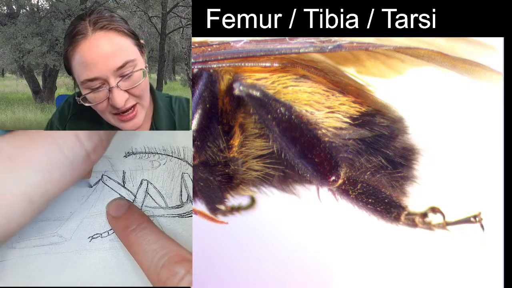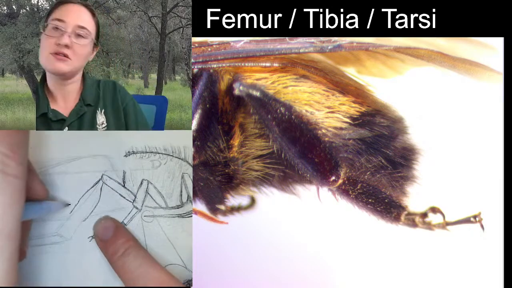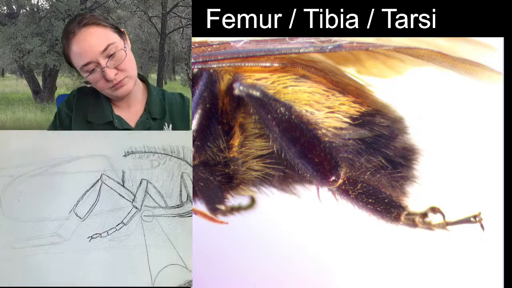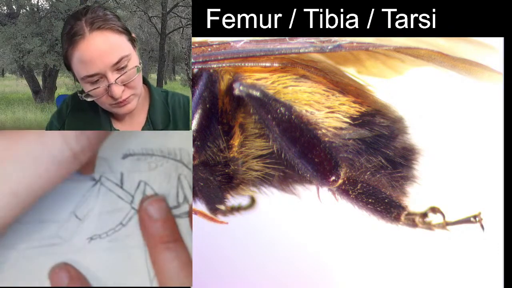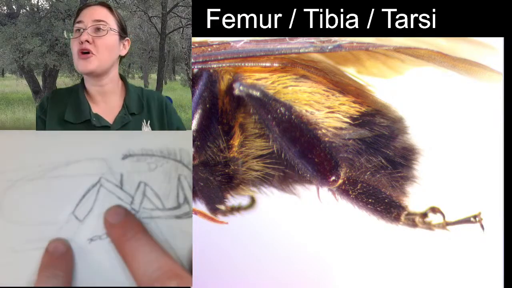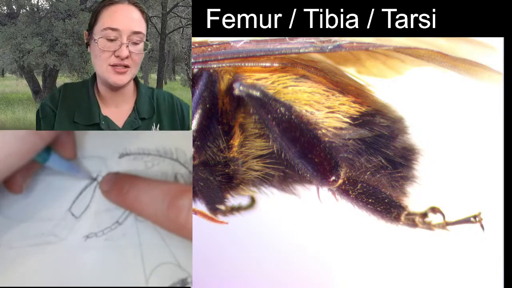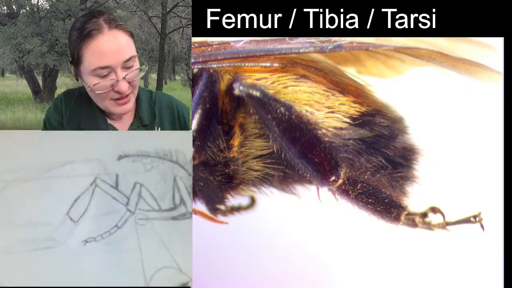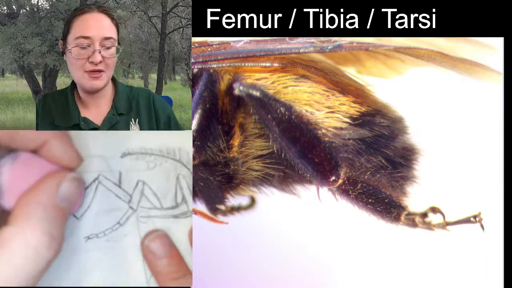So it's narrow and then kind of swooshes out. I don't know how to describe that. Rounded rather than angular, maybe, is a good way to describe it.